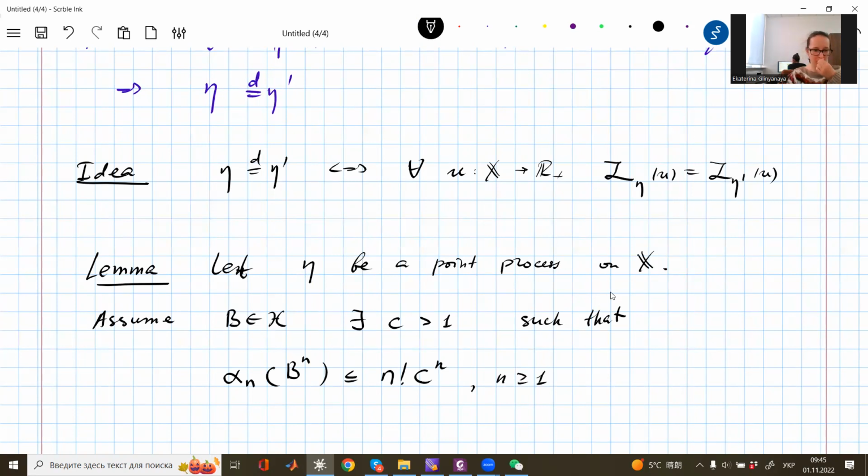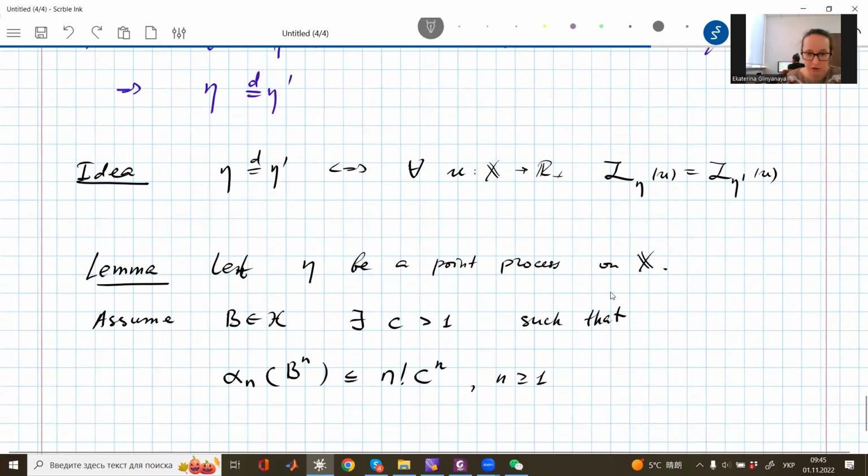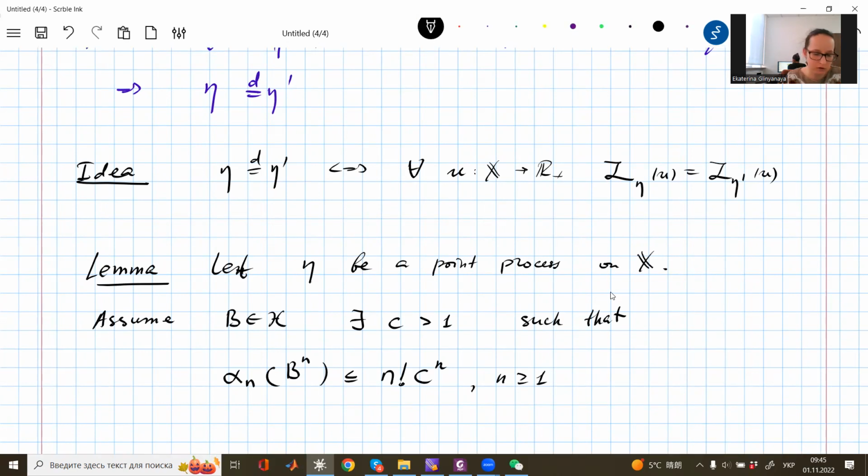So here we can see that this is the assumption on how fast the factorial moment measure can grow, not faster than n factorial times C to the power n.